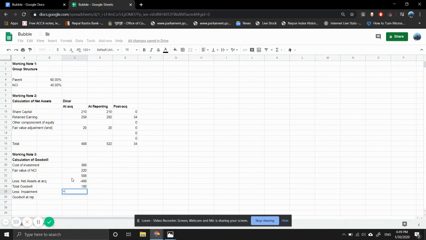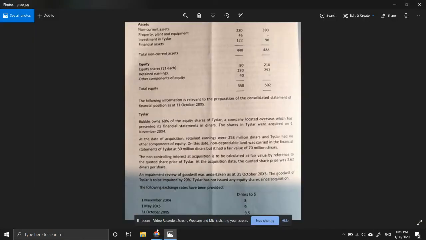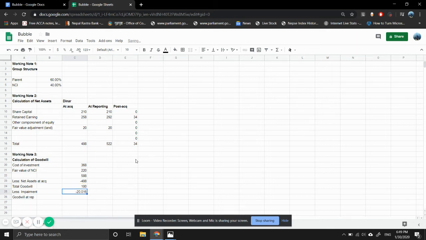What's the impairment rate? So this figure into how much has been impaired, I think it's 20%, okay, into 0.2. What happened? Into 0.2. Okay, so it's because of that figure.